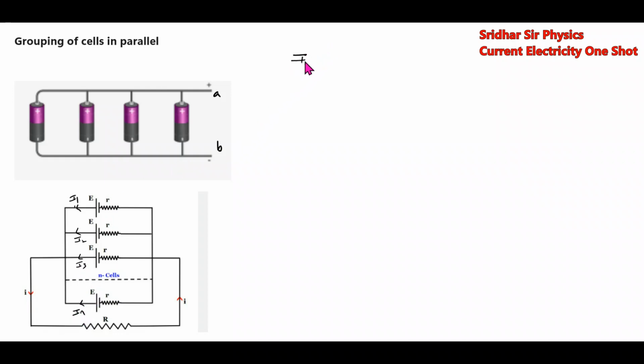The total current will be the sum I1 plus I2 plus I3 and so on. What is I1? E minus IR minus I1 r equals 0. So I1 is equal to E minus IR by r.